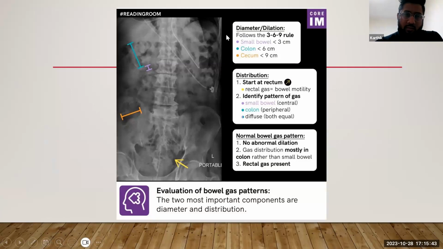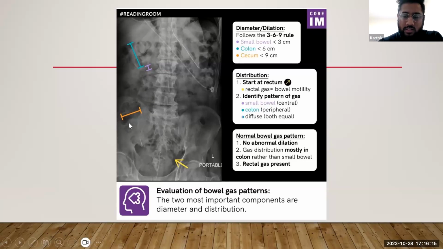This is probably one of the most important rules in evaluating an abdominal X-ray. It's called the 369 rule. As you can see here, centrally located small bowel. When we're looking at X-rays on the computer, we can actually measure with an electronic tool the diameter or width to see the dilation of the bowel itself.